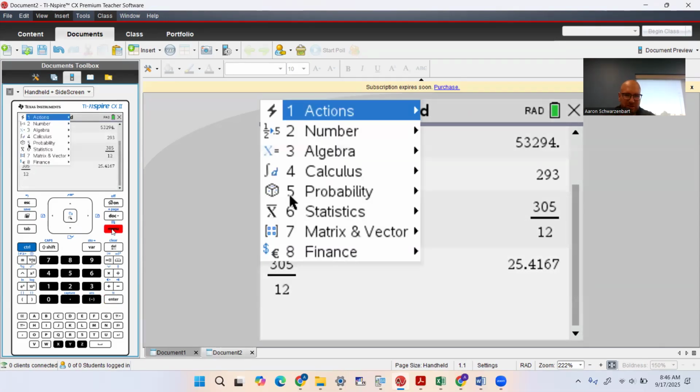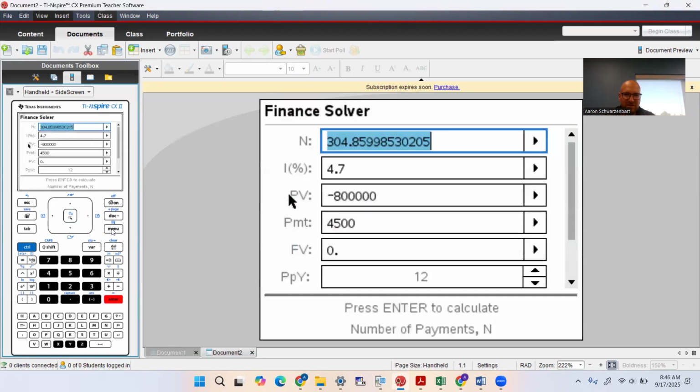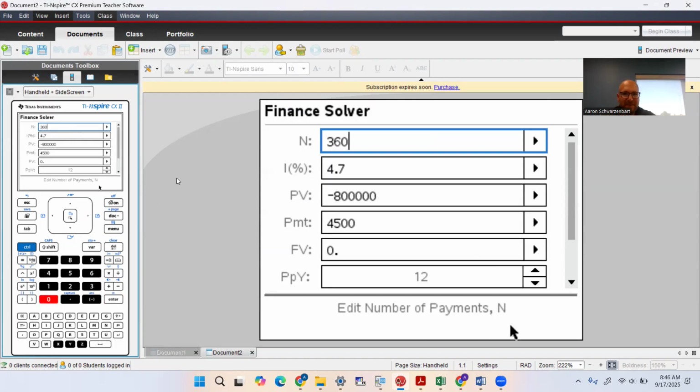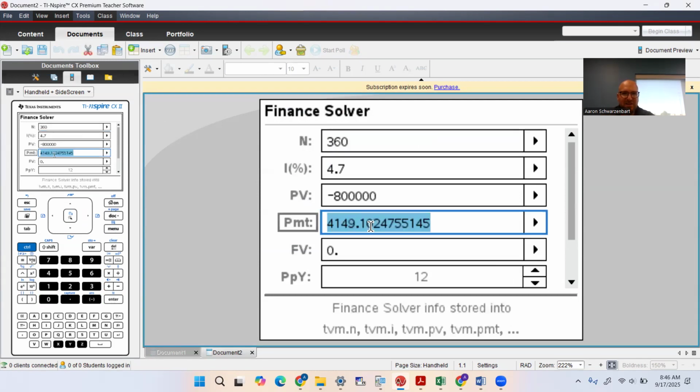That doesn't get him to 100. He needs 30 years. So 30 times 12 was 360. Now we don't know this. He can withdraw about 4,150.